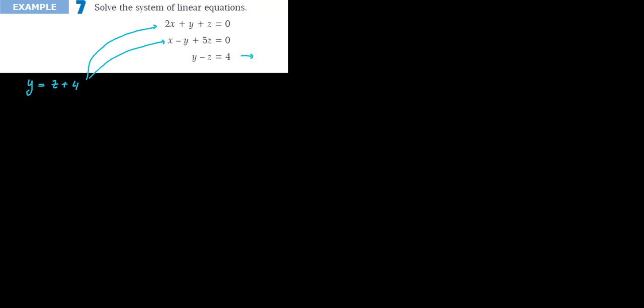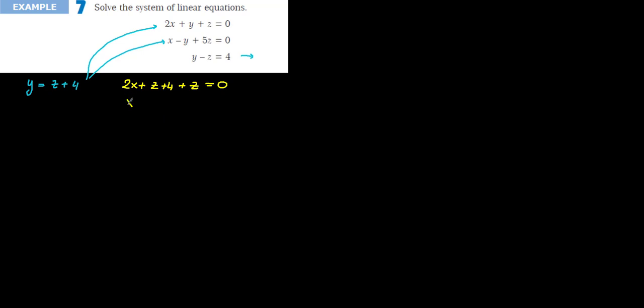Let me change the color. In 2x plus, instead of y, I write z plus 4, plus z is equal to, this is the first equation when you substitute y by z plus 4.